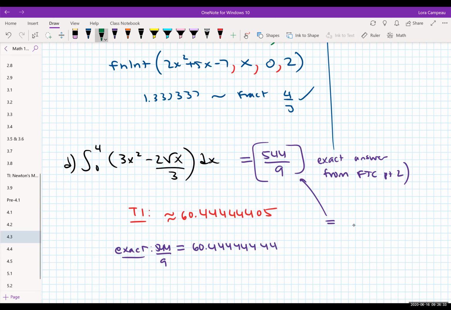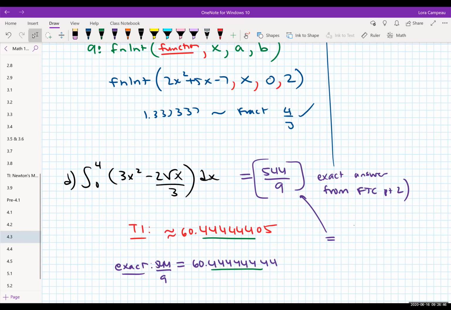Not bad. The TI is pretty good to about 6 decimals, but we'll know for sure that you didn't use the fundamental theorem of calculus because you wouldn't have the exact fraction. So the TI is great, but sometimes you don't get to use it, or sometimes it doesn't give you the exact value.